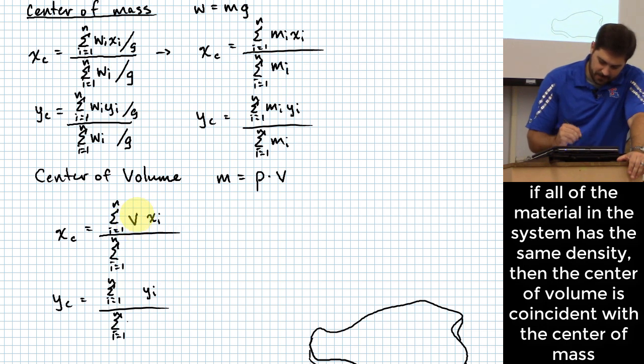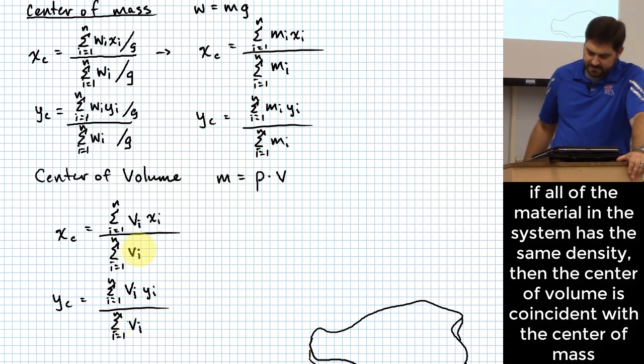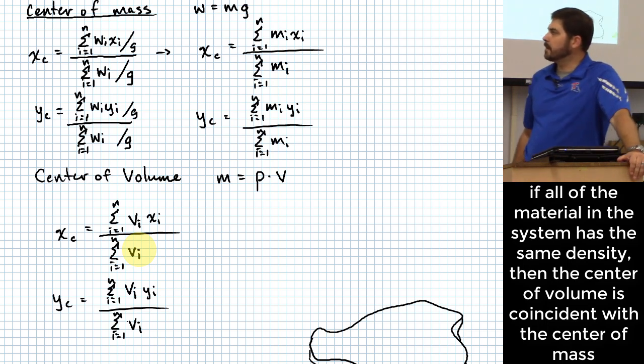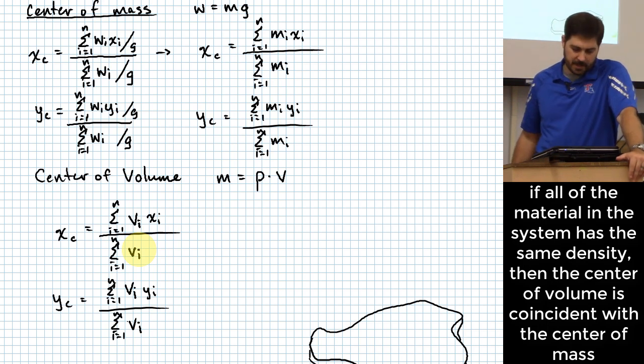Okay, V, right, where V is volume. So we basically go through and divide by rho, which is density, and it ends up giving me volume.